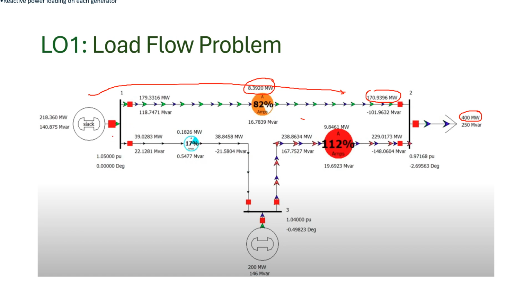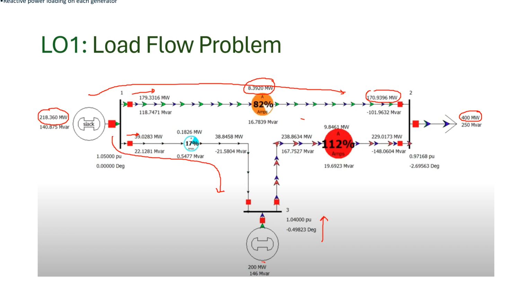The rest of the power goes from here in this way. So the total generation is 218 megawatt. Out of 218 megawatt, 179 flows in this line, and 39 megawatt flows in this line. That comes to this, and from here 200 megawatt generation is given.